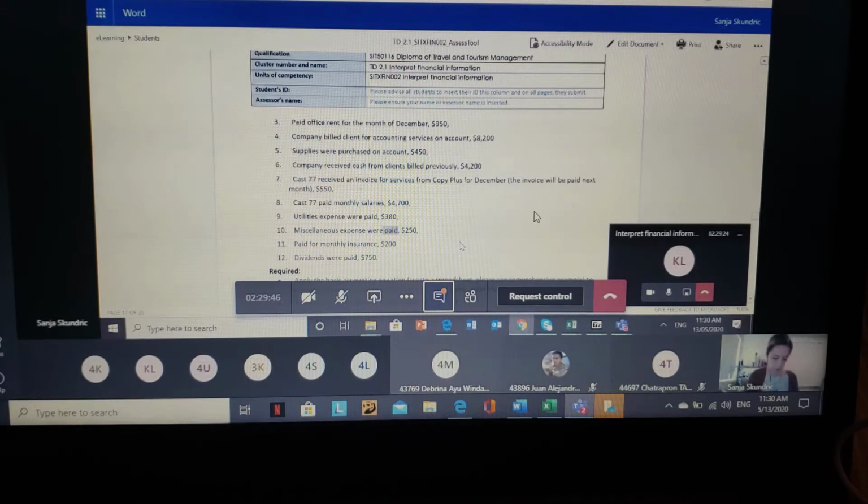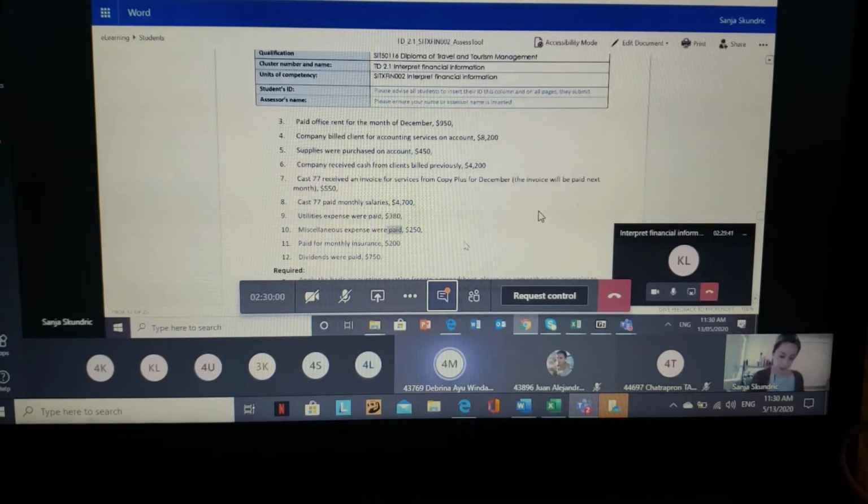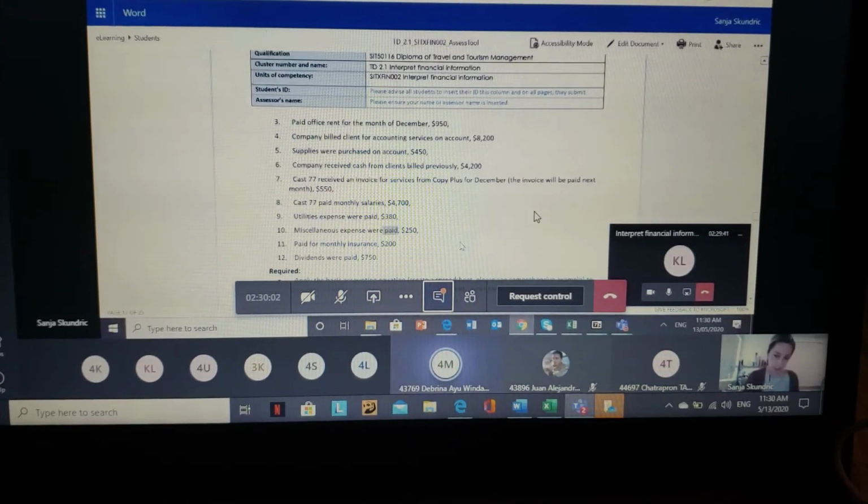Are the figures that you're getting 41,550 for your total assets? Correct. Mine is 49,750. What do I need to remove?